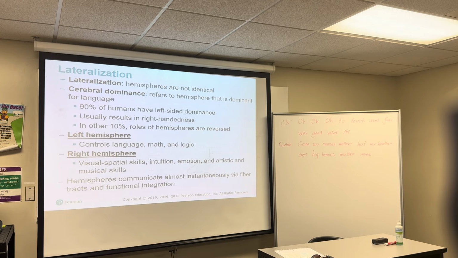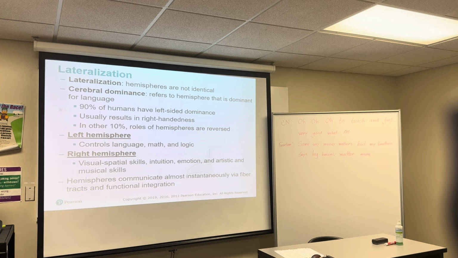We know about lateralization already, right? We have two hemispheres, right and left, and they are not the same. One hemisphere is dominant in some people, and the other hemisphere could be dominant in another person.